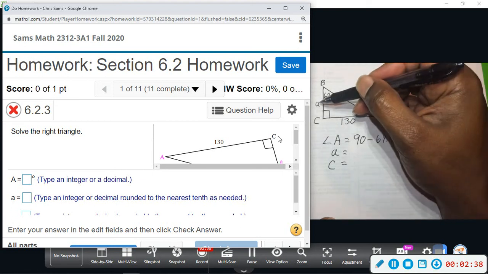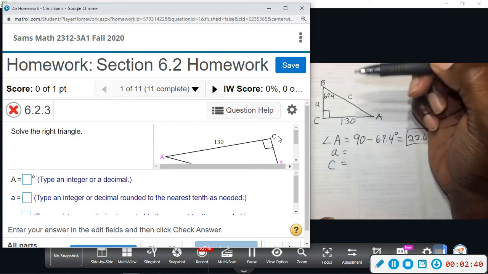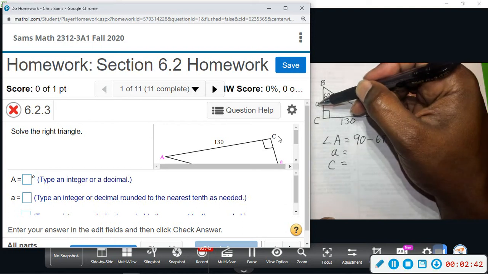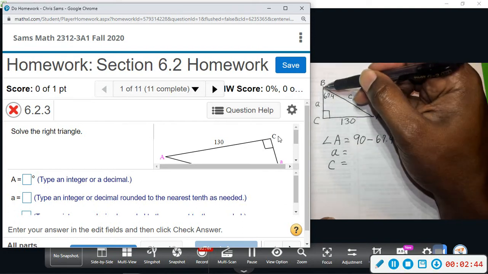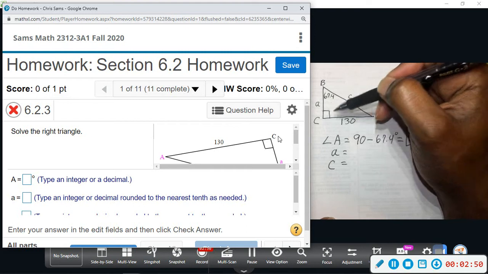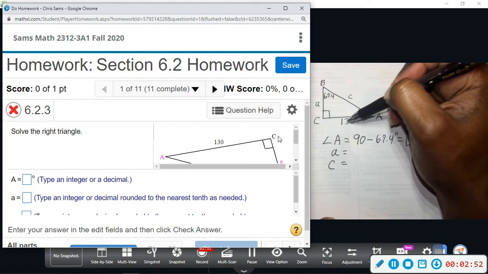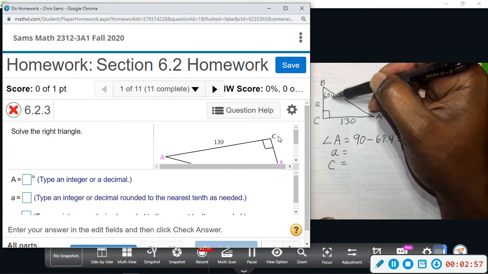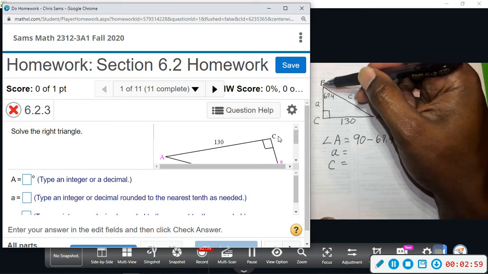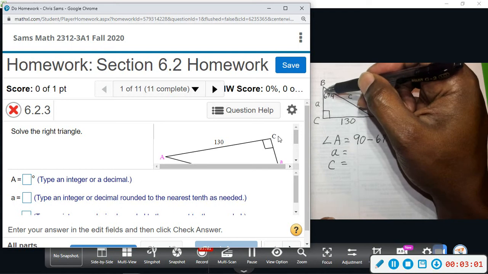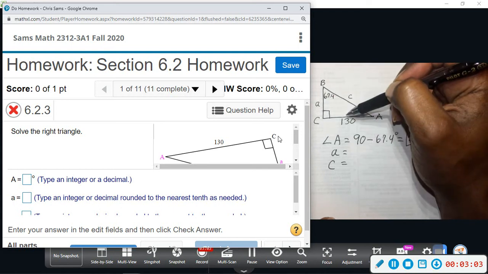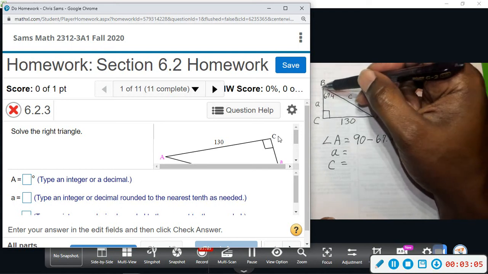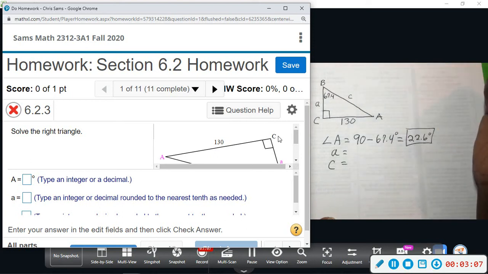So if I want to find side A, I have angle B, and in relation to it, this is the adjacent, and the opposite is 130. So based on angle B, I have the adjacent side and the opposite.